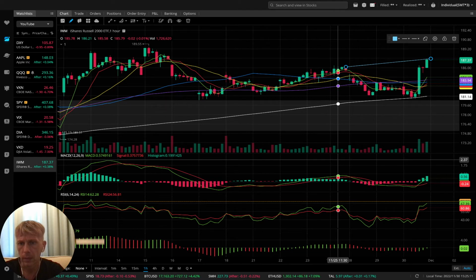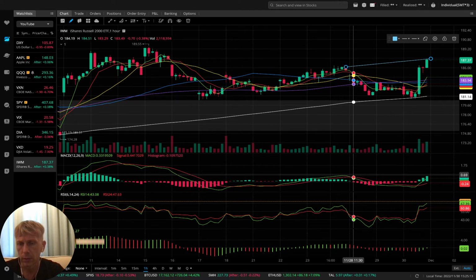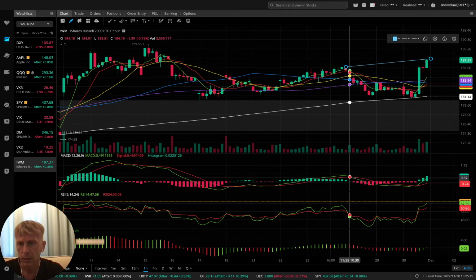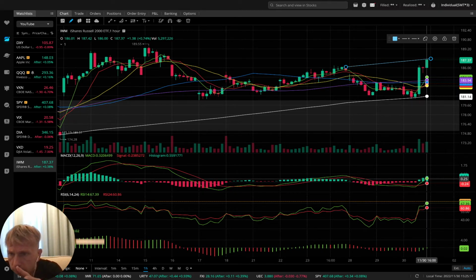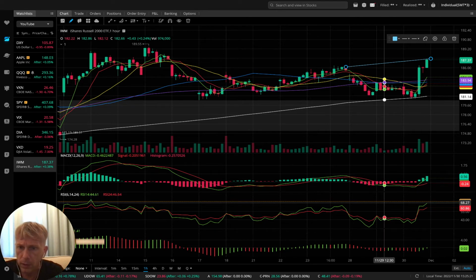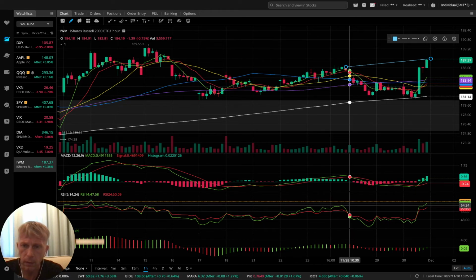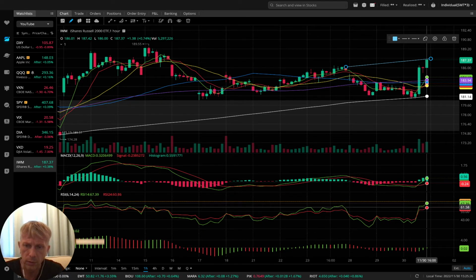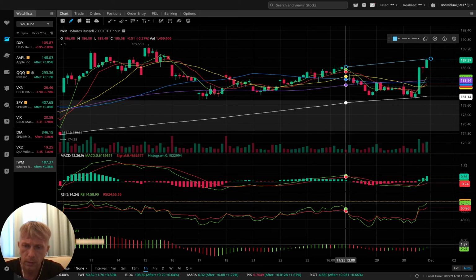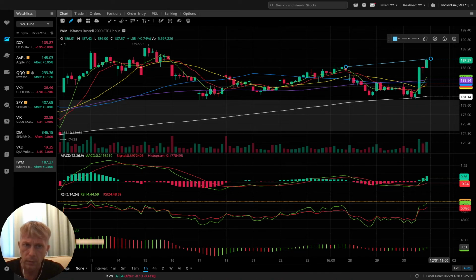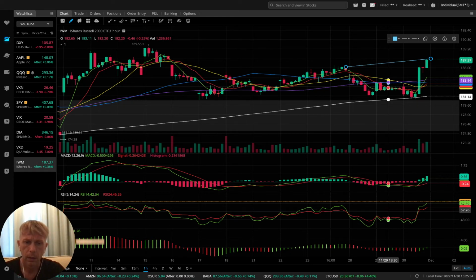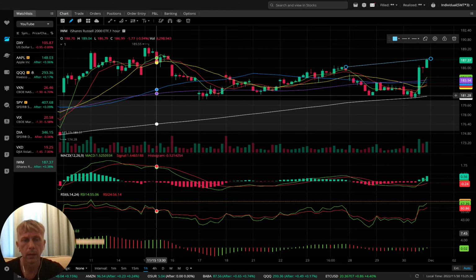On MACD, it's a downtrend. MACD line downtrend. On RSI, it destroyed the bearish divergence. On Osmo Oscillator, still bearish divergence, right? Still bearish divergence on 1 hour.